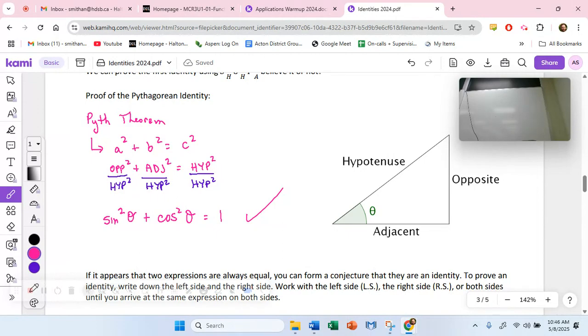Check out the following. Would you guys agree that tangent is opposite over adjacent? Well, I'm going to do something to the top and the bottom to keep this expression the same. I'm going to take the top and divide it by hypotenuse, and I'm going to take the bottom and divide it by hypotenuse. These are equal because they do the same thing at the top and bottom. Well, what's opposite divided by hypotenuse?